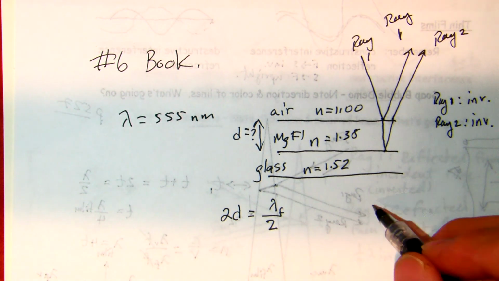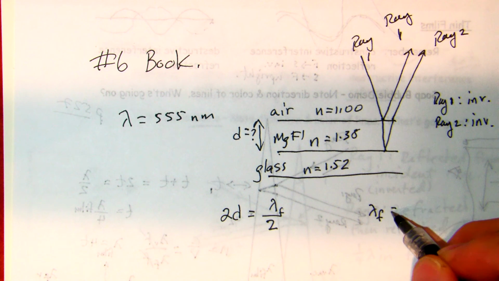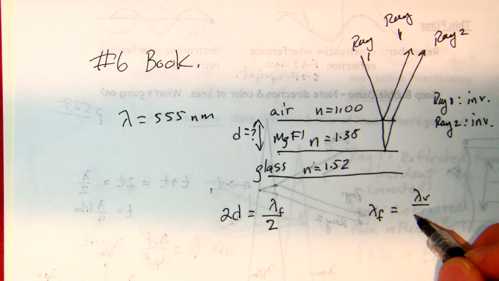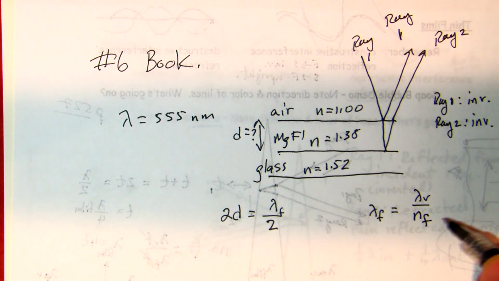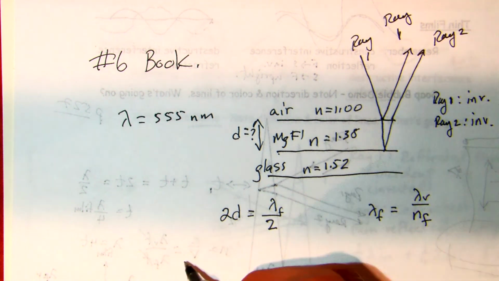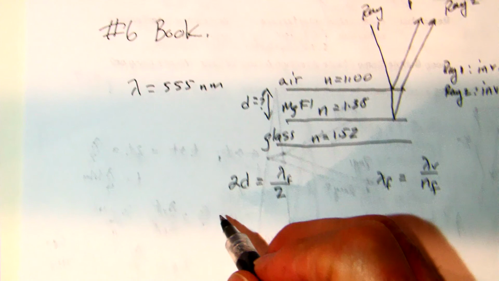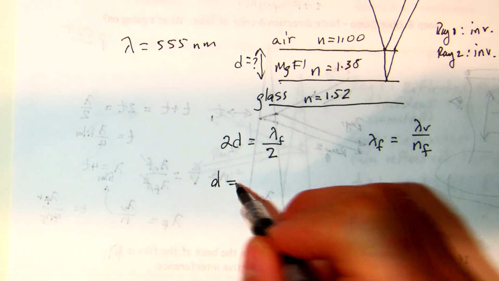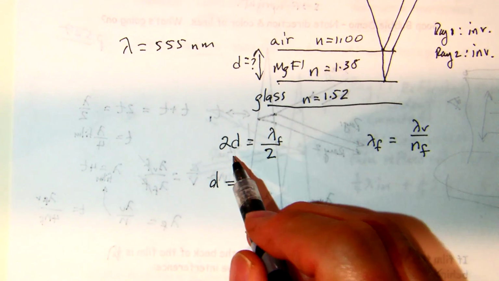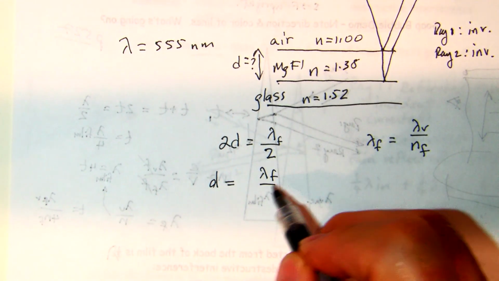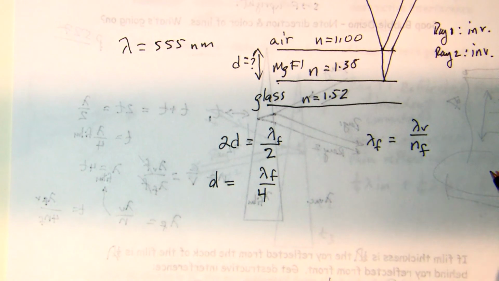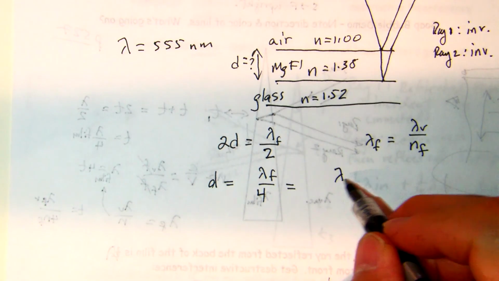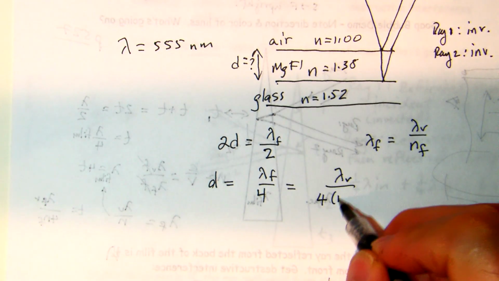And I can either calculate lambda in the film equal to lambda vacuum over n film, or I could just substitute it in here. Okay, so what we're going to do this calculation then is d will equal, we're going to solve for that, lambda film over 4, which is going to equal lambda vacuum over 4 times n film.